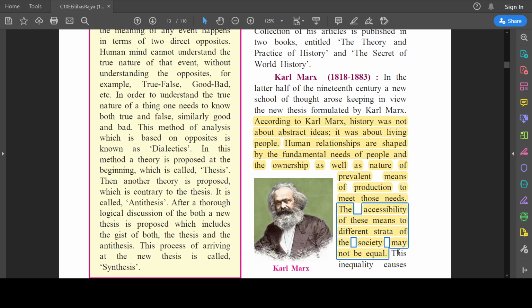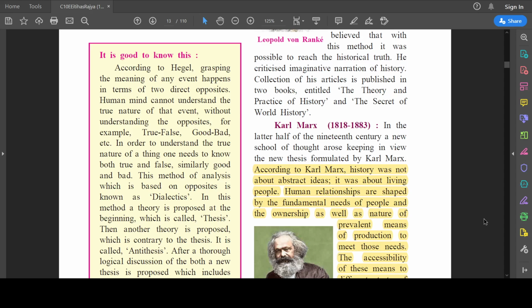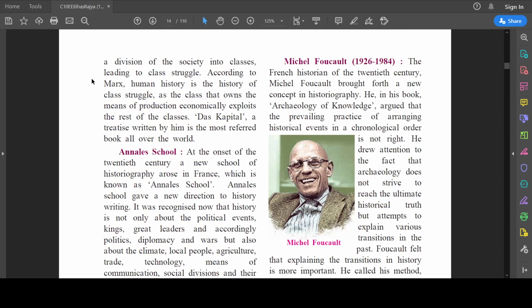Then third point, the accessibility of these means to different strata of the society may not be equal. Then the fourth point, this inequality causes, now turn the page, go to page number 5. Left hand side.